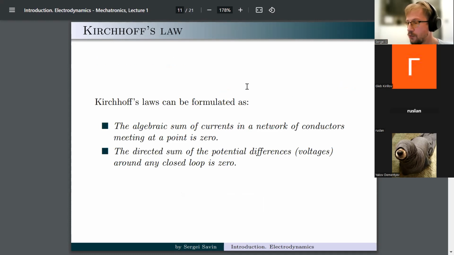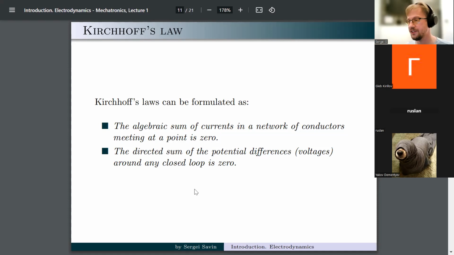There is a way to formulate those laws in words. The algebraic sum of currents in a network of conductors meeting at a point is 0. So in human language, we can write it the same way. And the second law is: the directed sum of potential differences, so voltages, across any closed loop is 0. Right? So that is how they formulated it using language.